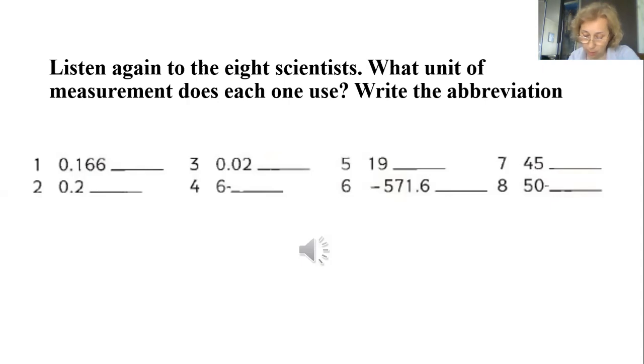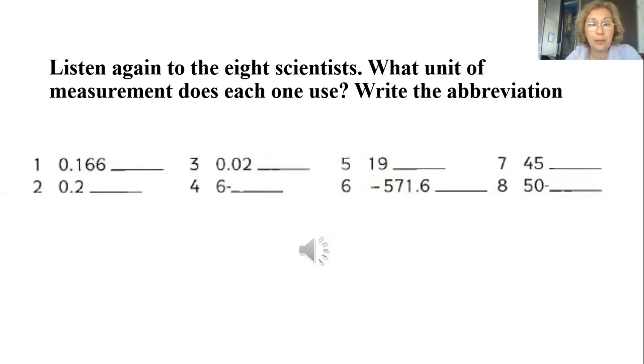So the sixth is minus 571.6 kilojoules. Great. The seventh is 45 kilohertz. Eighth is 50 nanoseconds. Great. Perfect. You hear everything. Good.